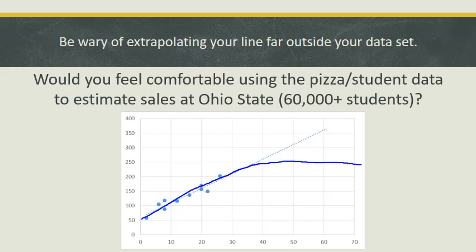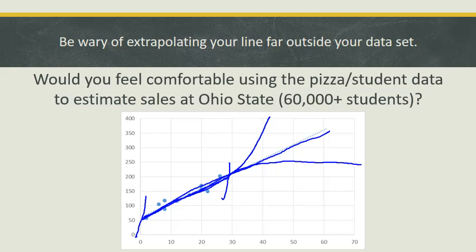Or it is equally possible that pizza sales grow exponentially with student population and grow even faster. All of these various possibilities would look like linear trends in this window where our data points lie. But we have no guarantees for what happens next.